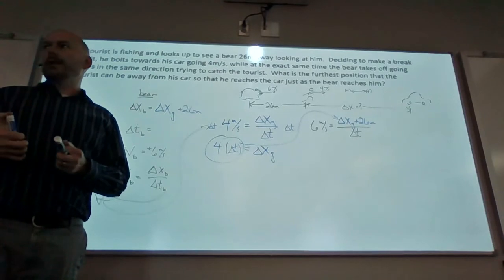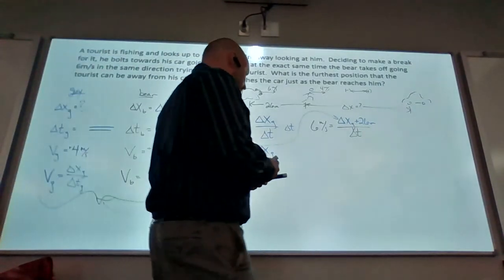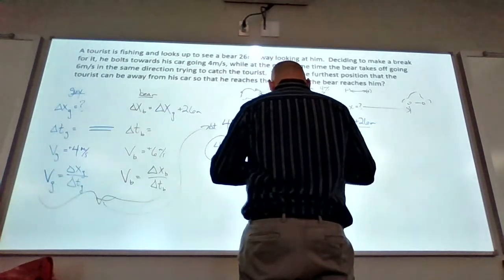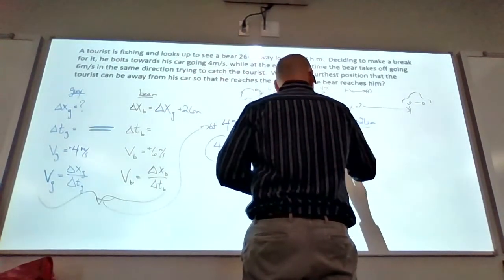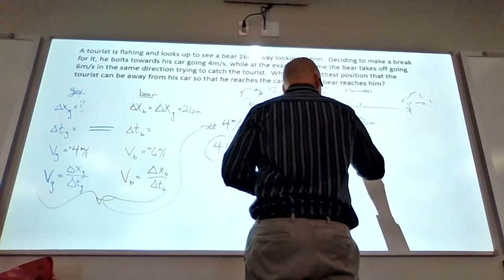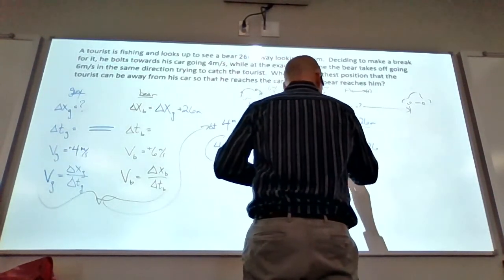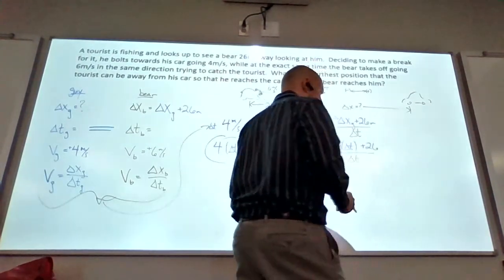Again, you can do this in a lot of different ways. So you have 6 is equal to 4 delta t plus 26 over delta t.